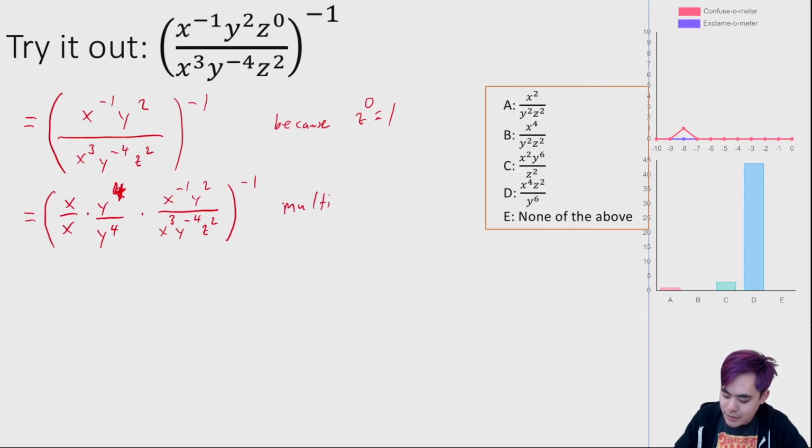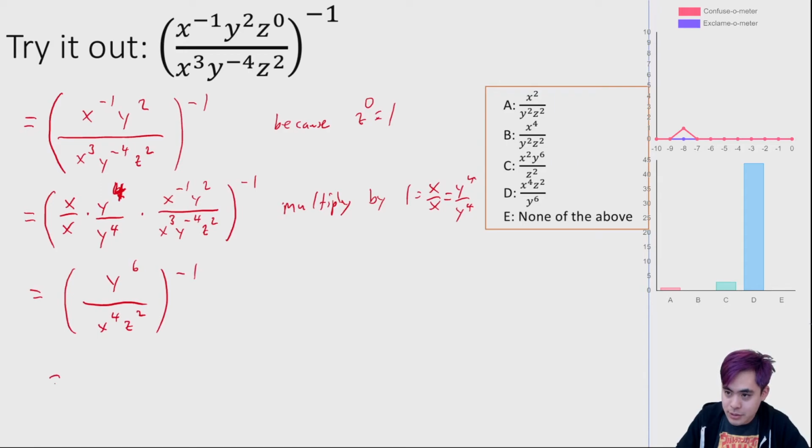Once you multiply this out, what you end up getting is y to the 6th over x to the 4th z squared, inverse, which is equal to x to the 4th z squared over y to the 6th, because this is a reciprocal.